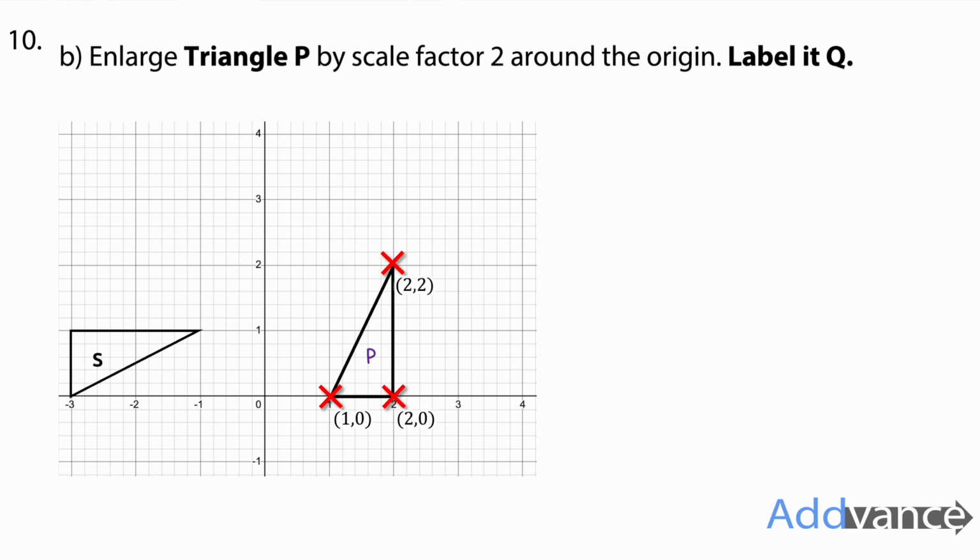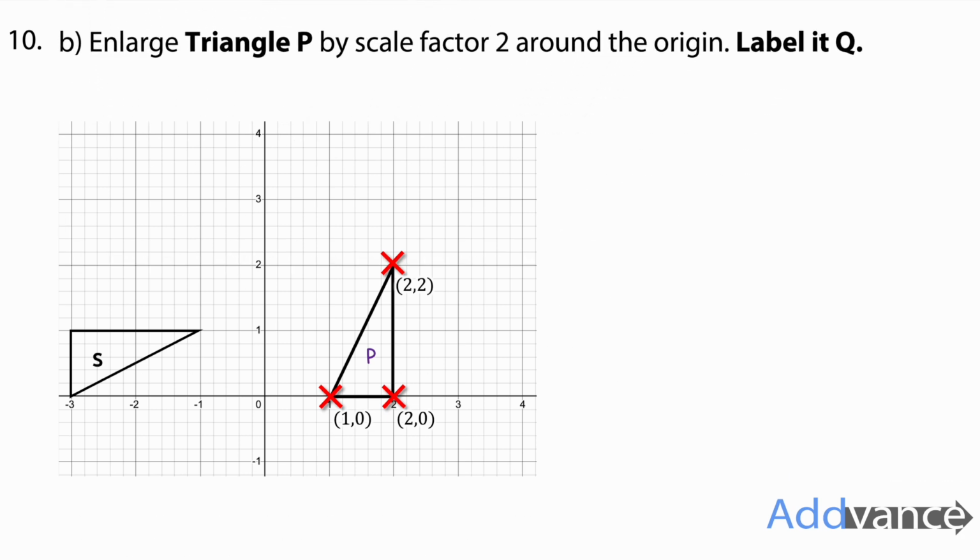Question 10b says enlarge triangle P by scale factor 2 around the origin, label it Q. Just remember the origin means (0, 0), so we draw a cross at (0, 0), and then we're going to draw lines going from the origin through all the corners, like this. We're drawing pencil lines going through all the corners, and we're going to move every corner 2 times further away along this line.